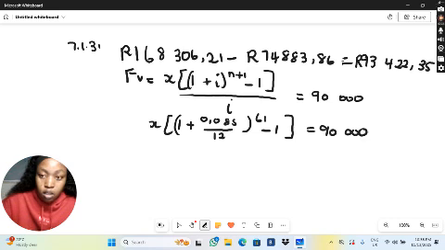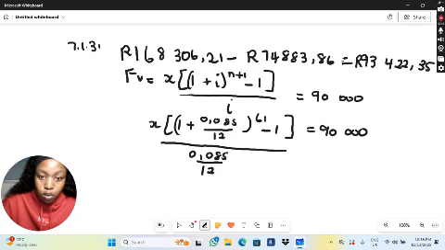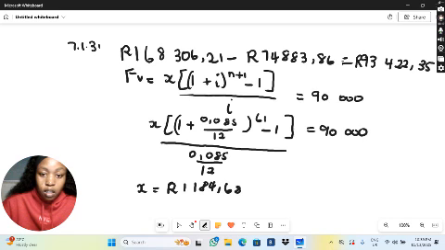This is all over 0.085. X is then equal to 1,184.6 rands, right?